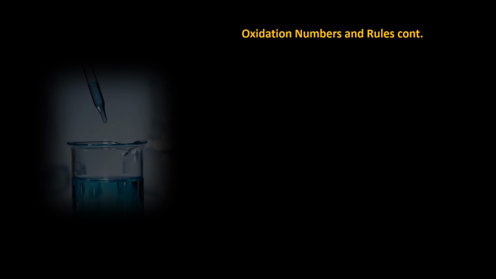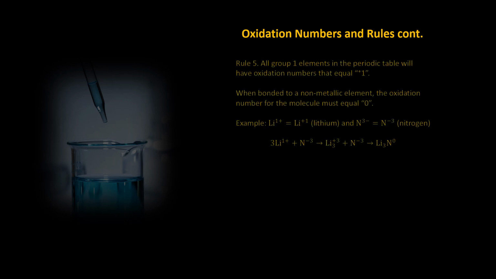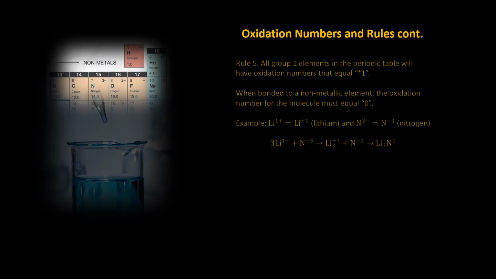Rule number 5 states that all the elements in group 1 of the periodic table will have oxidation numbers that equal +1. However, if the group 1 elements bond with nonmetallic elements, the resulting molecule will have an oxidation number that equals 0. For example, lithium combining with nitrogen. Lithium will have an oxidation number of +1.